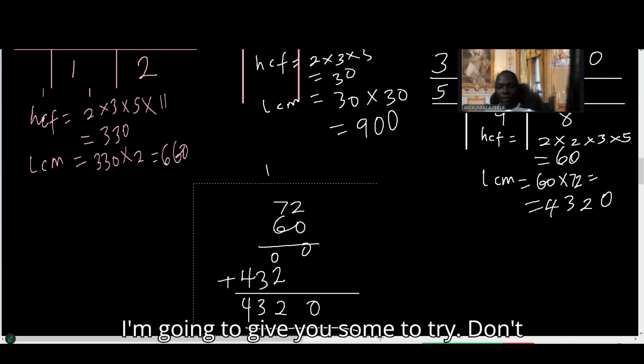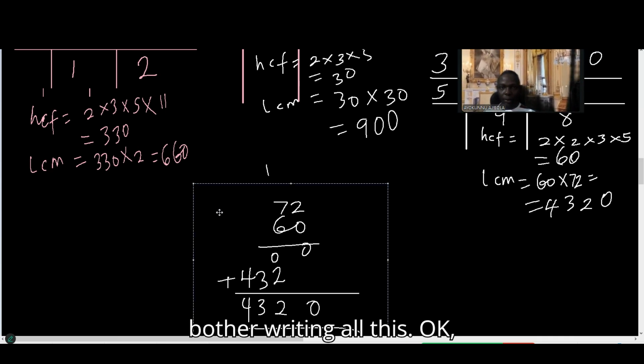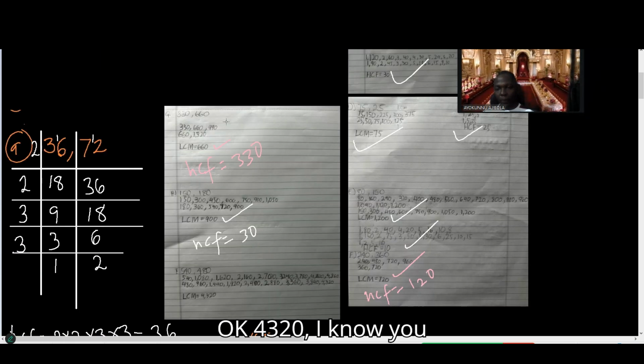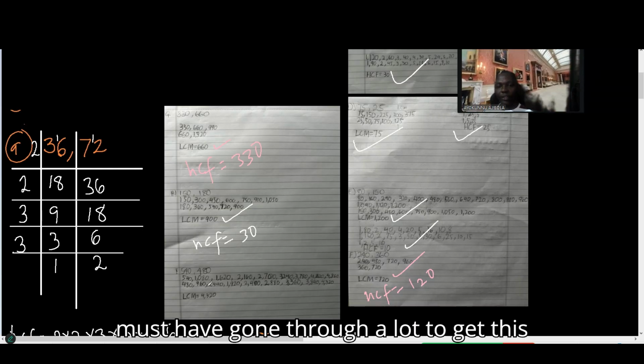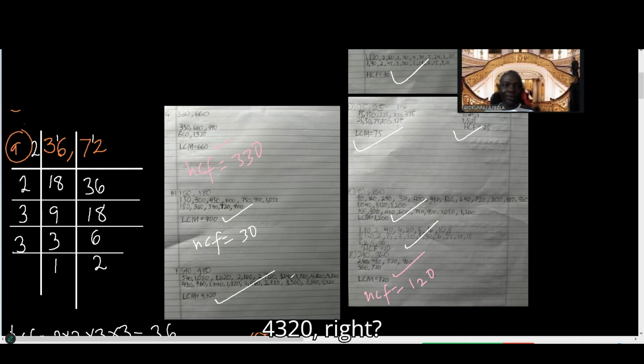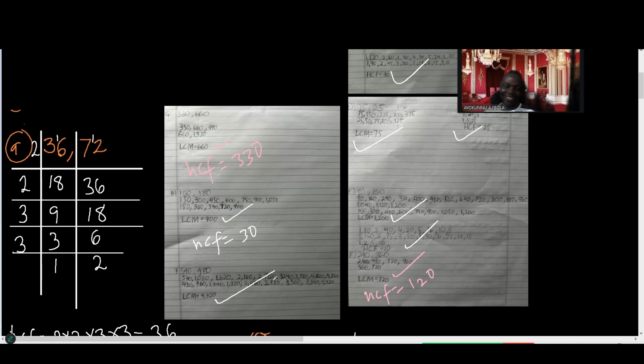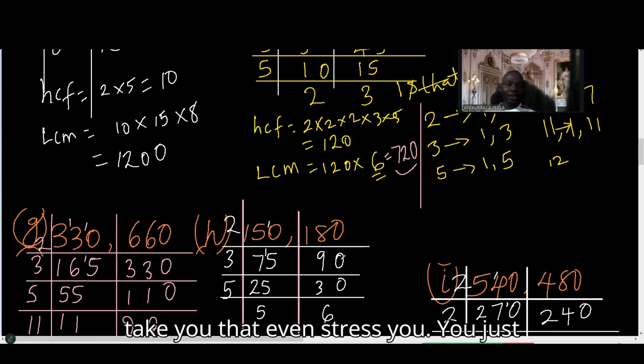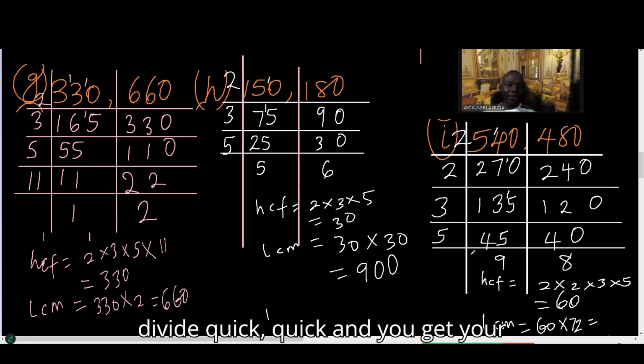So I'm going to give you some to try. Don't bother writing all this, okay? I know you must have gone through a lot to get this 4,320, right? But it's not something that should even stress you. You just divide quick, quick, and you get your answer, right?